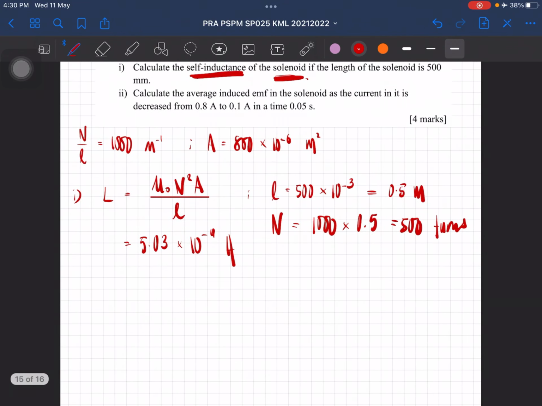Now Roman 2, we have to calculate the average induced EMF, as the current is decreased from 0.8 to 0.1 in 0.05 seconds. So that is actually the rate of current decreasing. Okay, so we are going to use negative L di over dt.